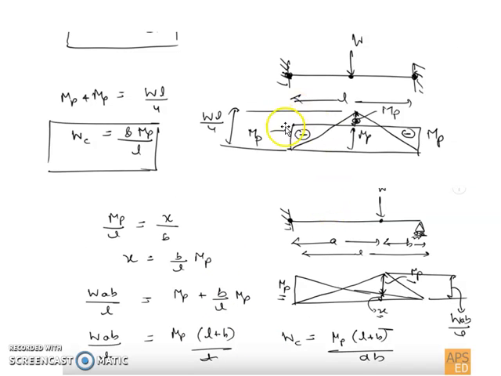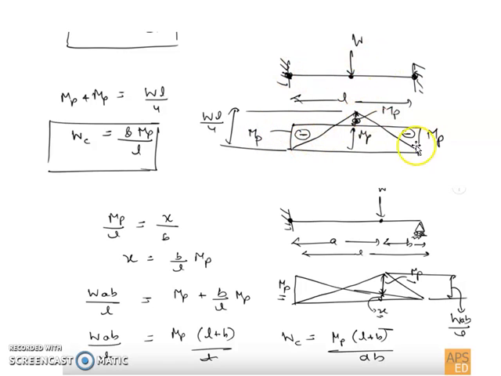Now coming to the second example, a fixed beam subjected to a point load at center, we are going to find out the plastic collapse load. So first we have to draw the bending moment diagram. For fixed end supports, the bending moment is a rectangle. The moment value is Mp.